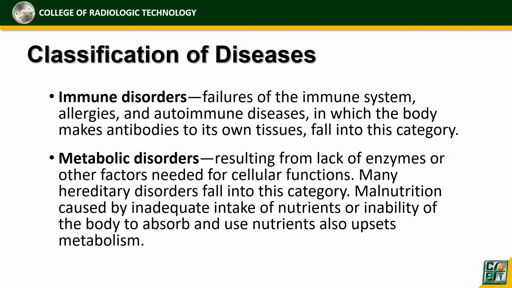Then malnutrition, caused by inadequate intake of nutrients and the inability of the body to absorb certain nutrients and minerals, also upsets the metabolism, and this would lead to the different metabolic disorders.